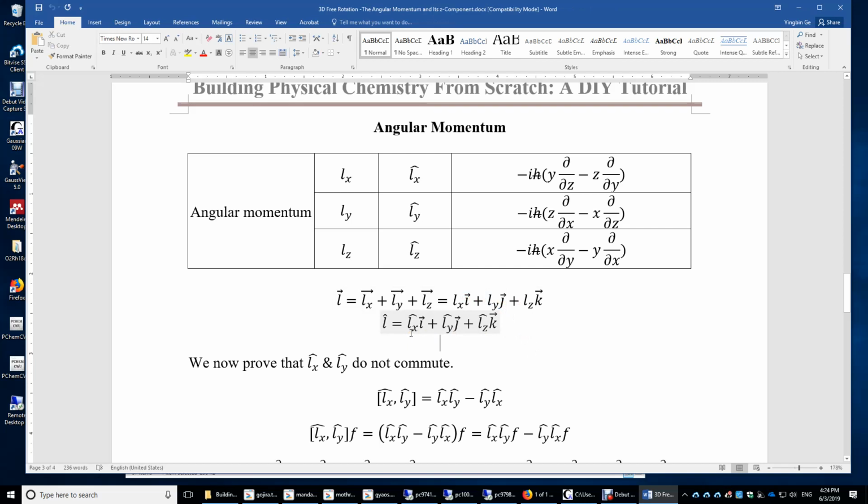How about the operators? Similarly, the L operator is equal to the Lx operator in the i direction, the Ly operator in the j direction, and the Lz operator in the k direction. I'm sorry, i, j, k are the unit vectors in the x, y, and z directions.